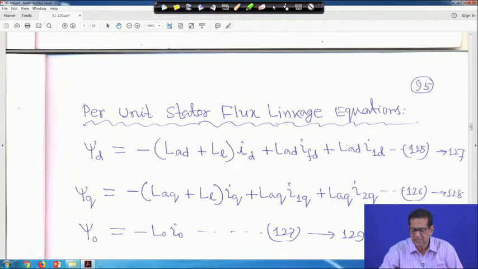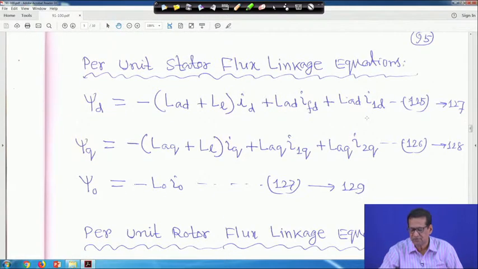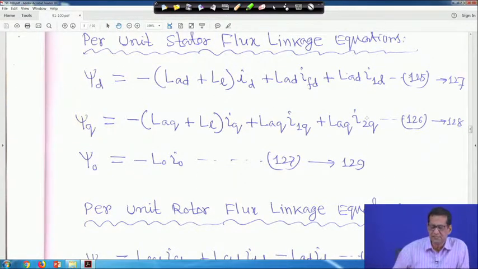Now, the per unit stator flux linkage equation, this has already been derived, but this is just a summary. So, psi d is equal to minus in bracket LAD plus LL into ID plus LAD IFD plus LAD I1D. This is equation 125.